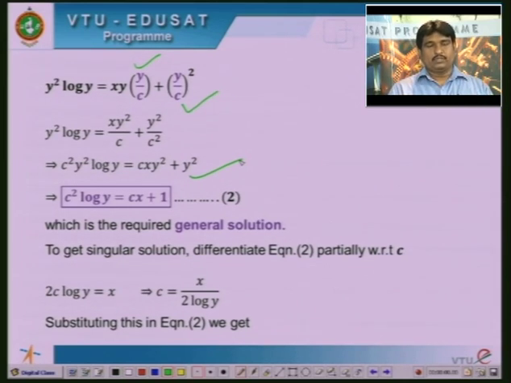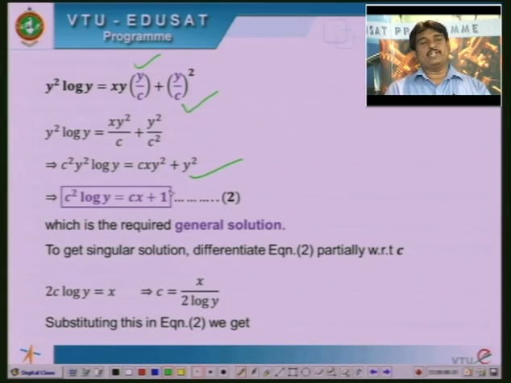Now, as the singular solution is required, there are two techniques to find the singular solution of the differential equation. One, we can start with the general solution, or else we can take the other factor free from the derivative term. Suppose we take the general solution, c square into log y equals cx plus 1; we can get the singular solution from this.